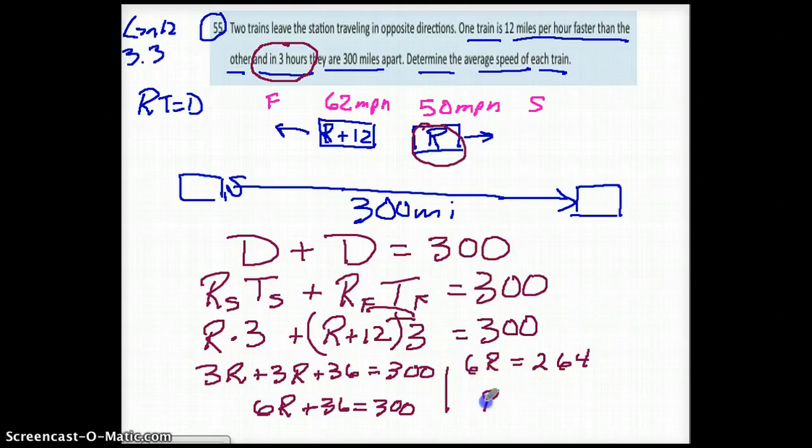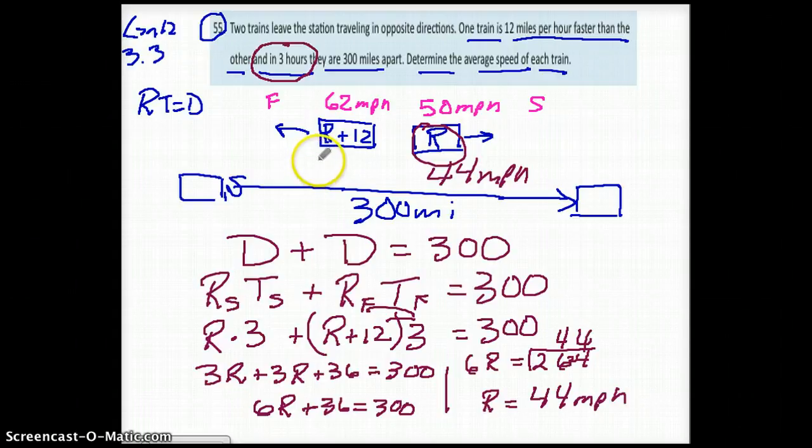And then divide by 6, so R is equal to, well, let's see, 6 goes into 26 4 times, that's 24 with 2 left over, and another 4. So I'm going to say 44 miles per hour is the rate R. So in other words, if this train is 44 miles per hour, what is the rate of this other train?